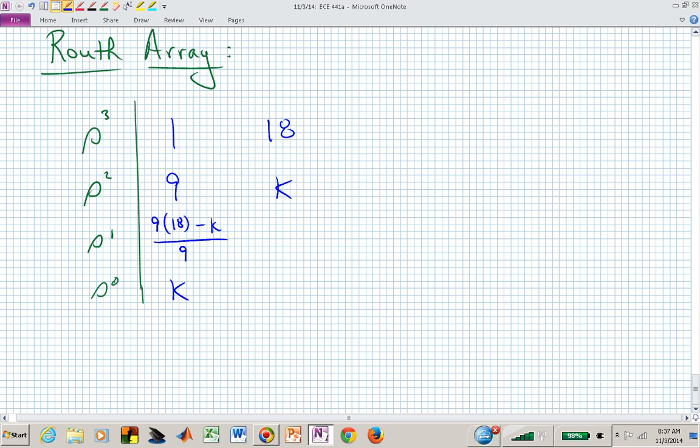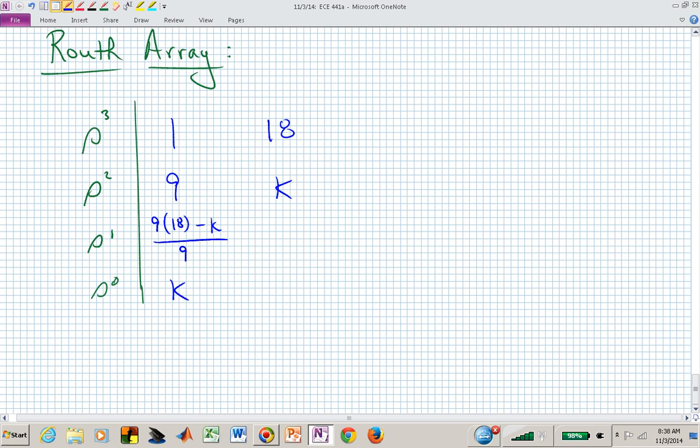Set the parameterized entries in the left column to 0. We don't need to set them all to 0, do we? We are looking for 2 roots that are symmetric with respect to the origin.